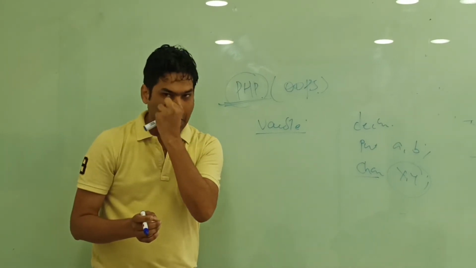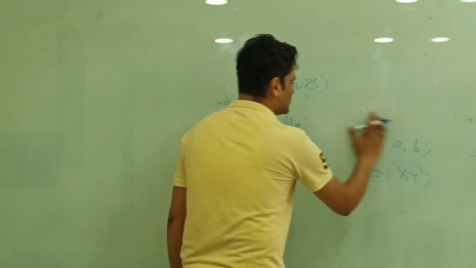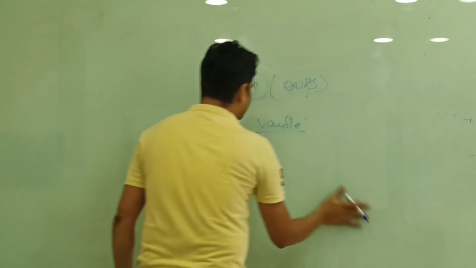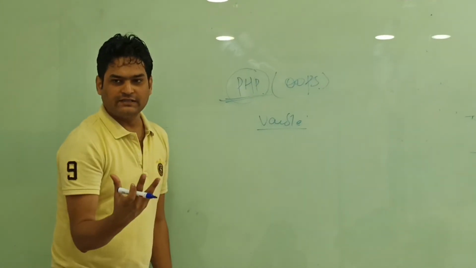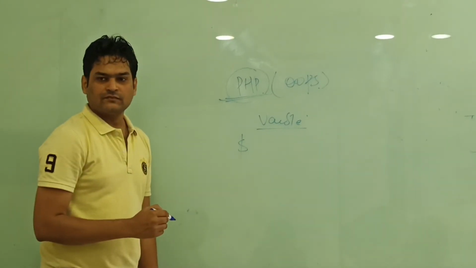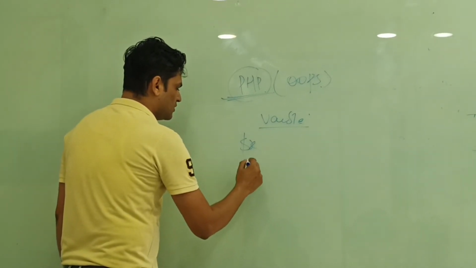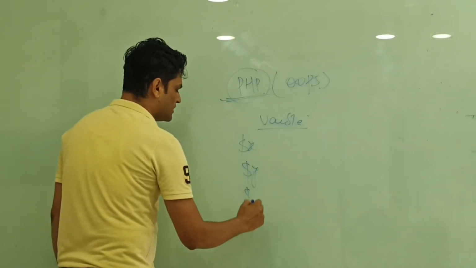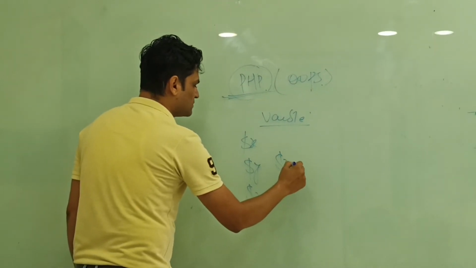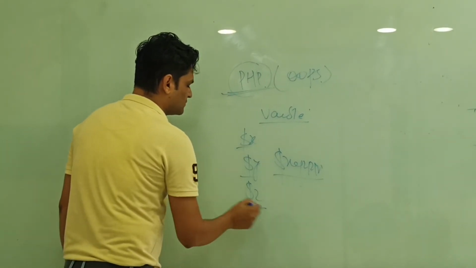You understand? But if you talk about PHP, PHP doesn't say like this. PHP simply says, if you want to hold some data inside of PHP, you just use a dollar sign. If you write $x, $y, $z, $p, $q, $r, these are the variables.